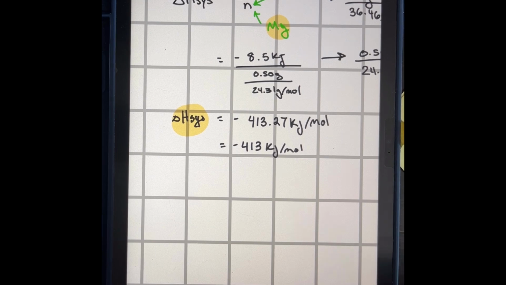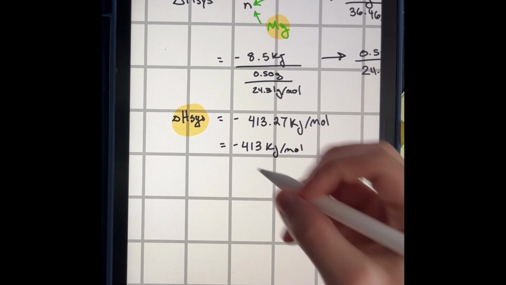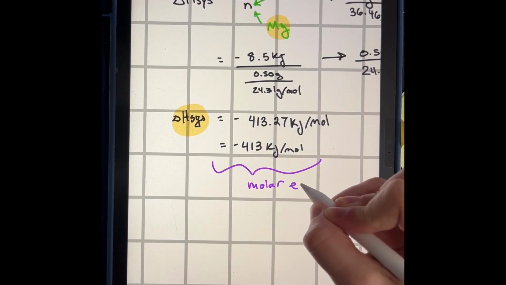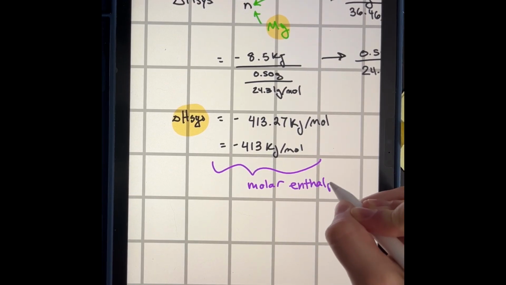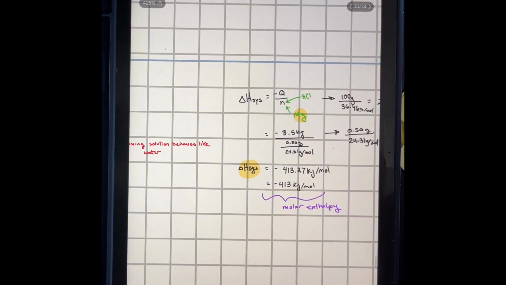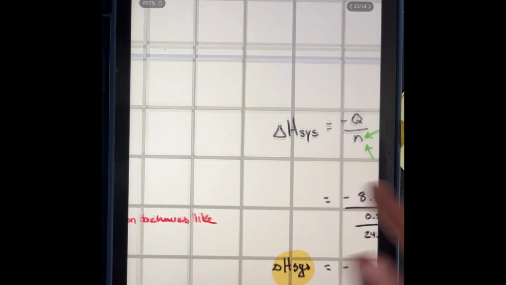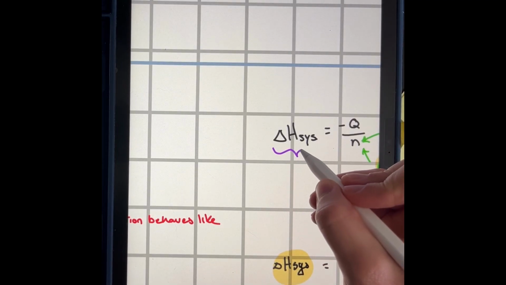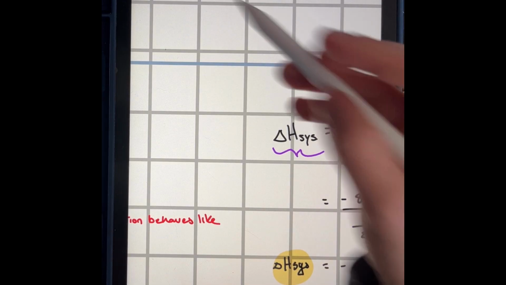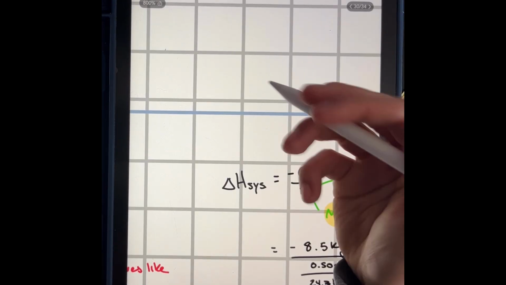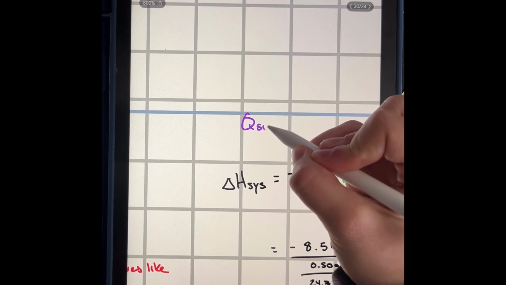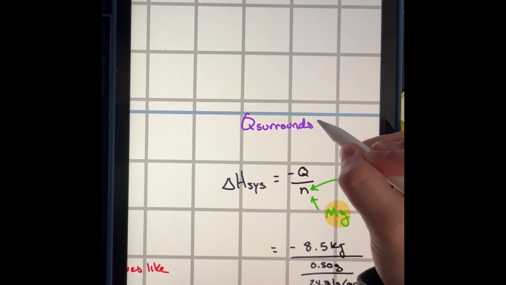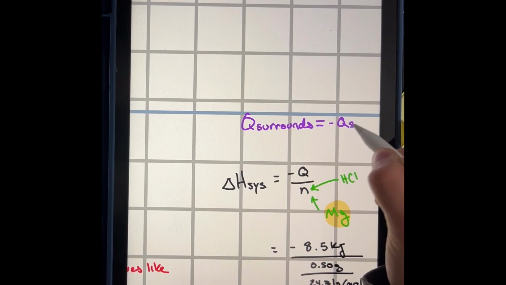Okay. So this is molar enthalpy. If we wanted just to find the change in enthalpy, that would be just this. Q surroundings is equal to negative Q system.